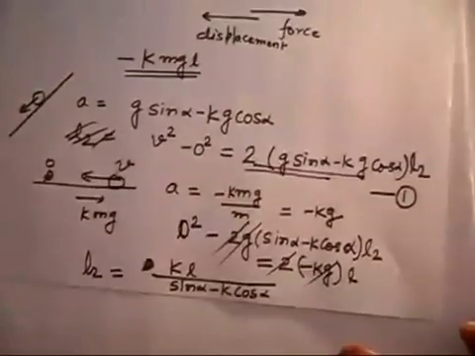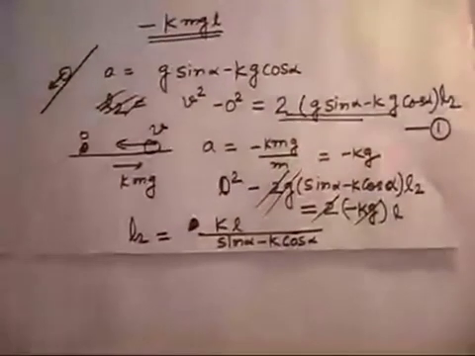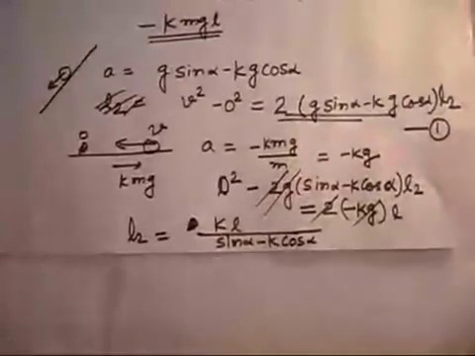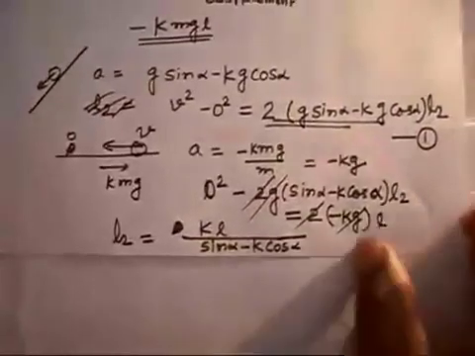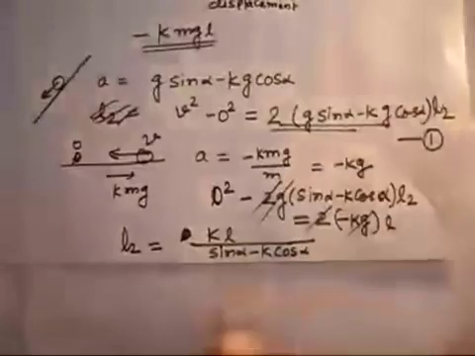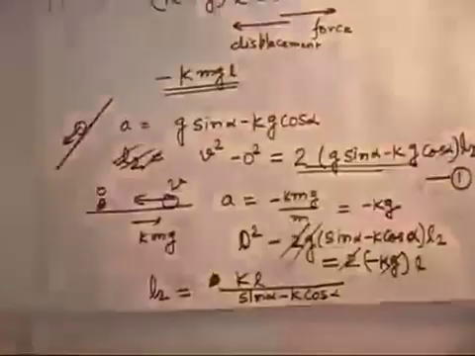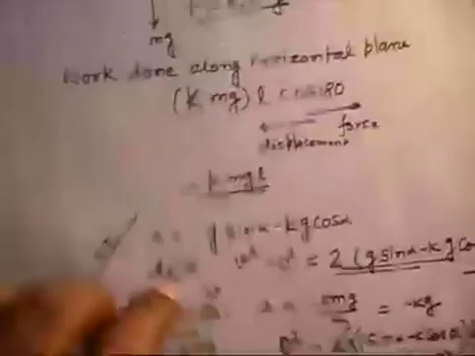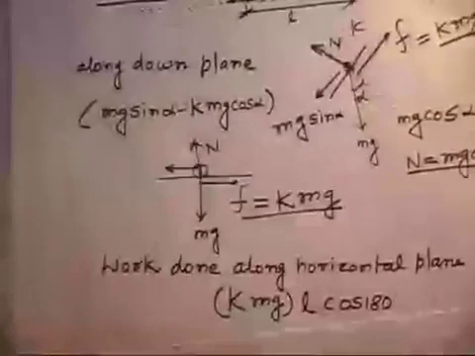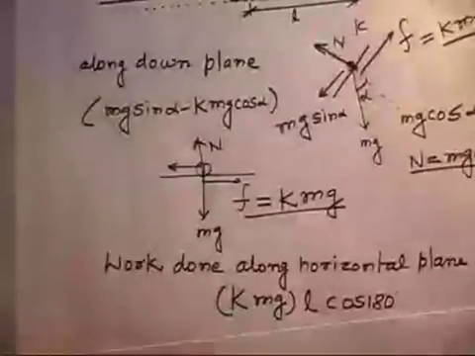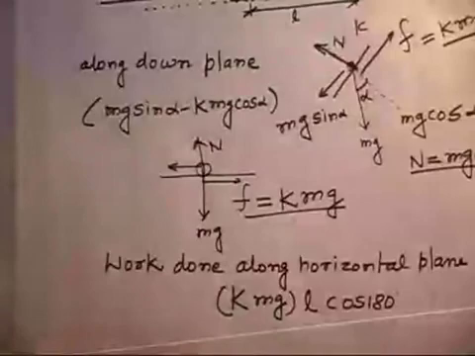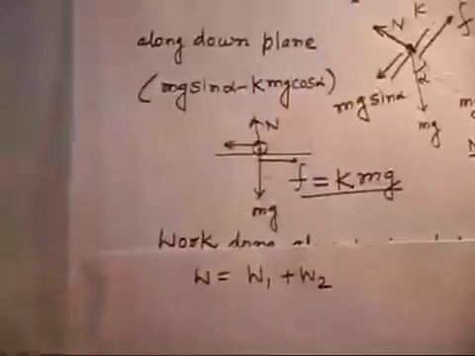Now the work done I can easily find. So the total work done is W1 plus W2, the work done along the incline plus the work done by friction on the horizontal. So what is the force along the incline?